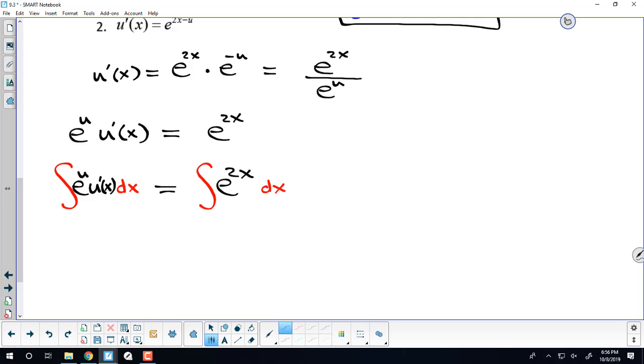So remember, u prime, just think of it, if you need to, as the derivative du over dx times another dx, which just gives us the integral of e to the u du, and the right side stays the same. Everybody all right with that? Questions at this point?